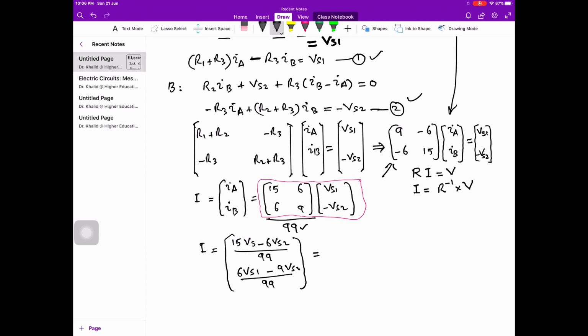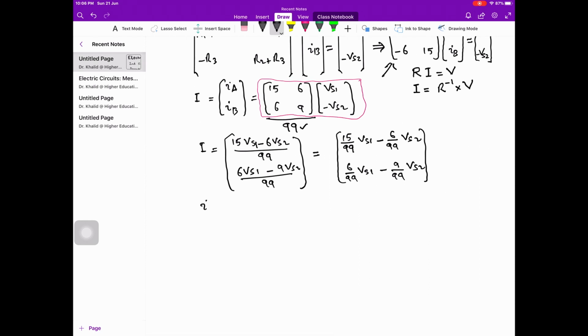Further, we can express it as 15 divided by 99 VS1 minus 6 divided by 99 VS2, and the second element is 6 divided by 99 VS1 minus 9 over 99 VS2.